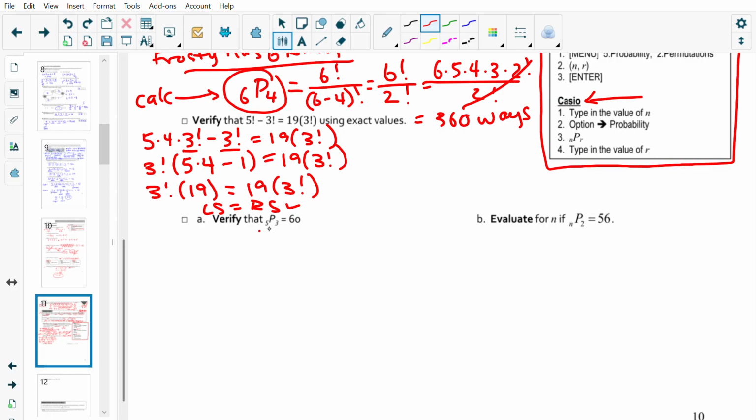Okay, verify that the permutation of 5 things taken 3 at a time equals 60. Well, let's write it out using the formula. 5 factorial over 5 minus 3 factorial equals 60.